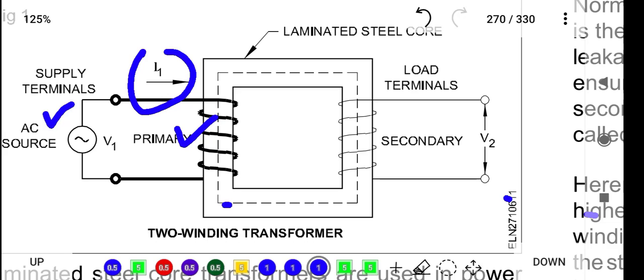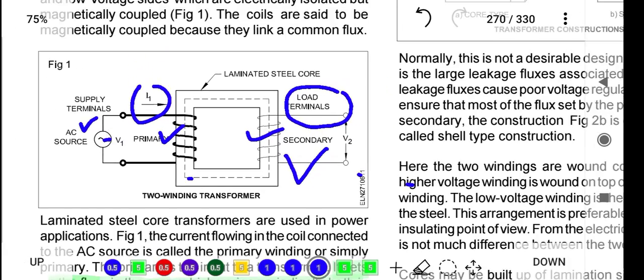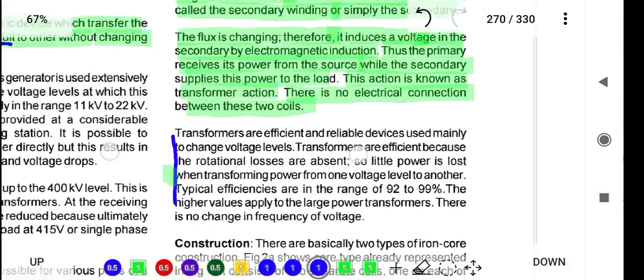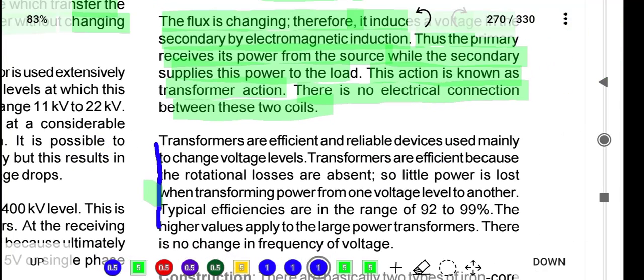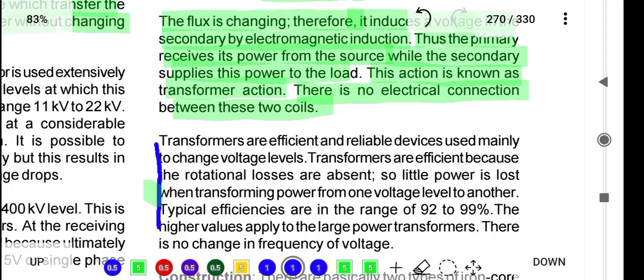This flux linked to the secondary winding induces a voltage in the secondary. This voltage is supplied to the load terminal. This action we say is transformer action. Up to here, the transformer action is completed.